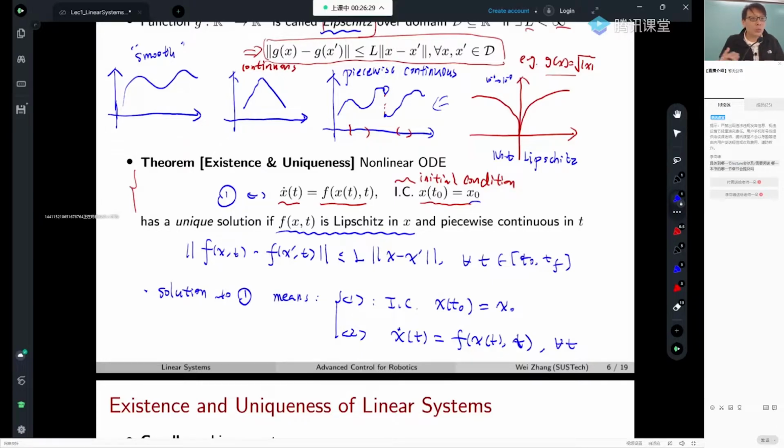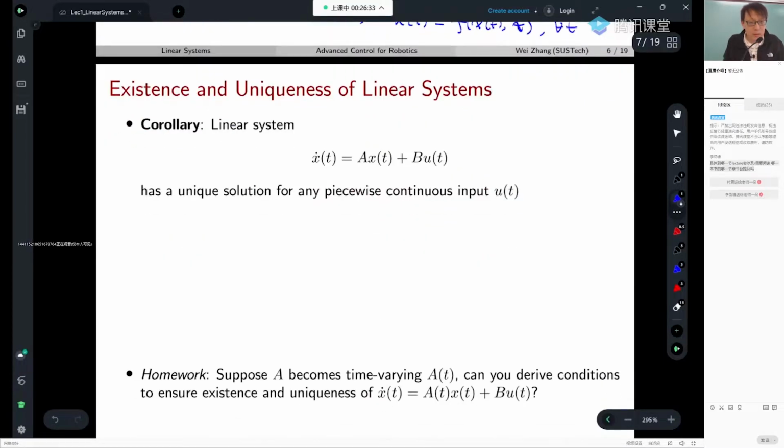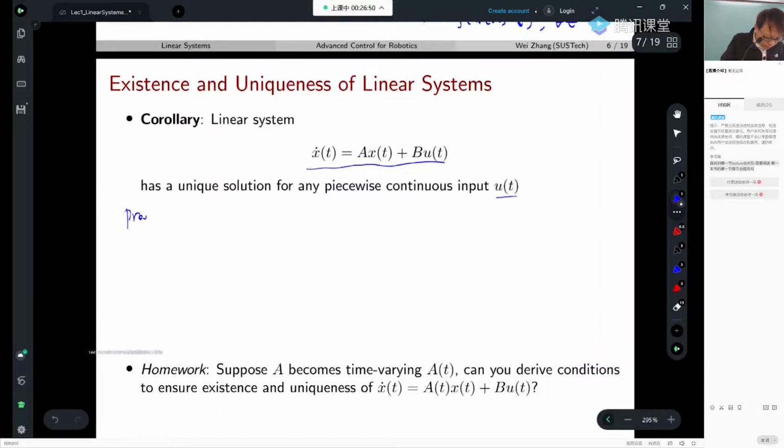And in fact, what we really care about is the following. This theorem tells us a corollary: a linear system of this form always has one solution and also has a unique solution for any piecewise continuous input u(t). Can you prove it? Zhang, can you prove it?